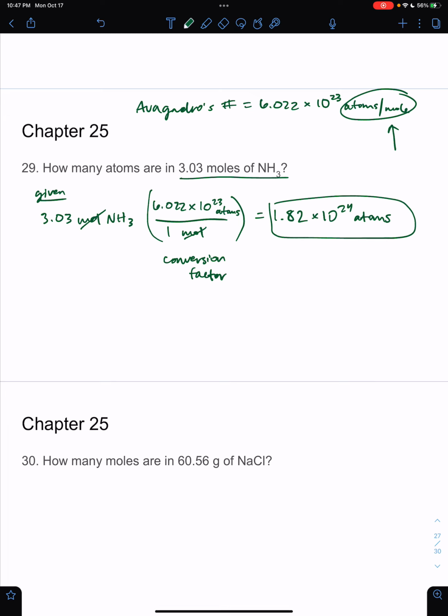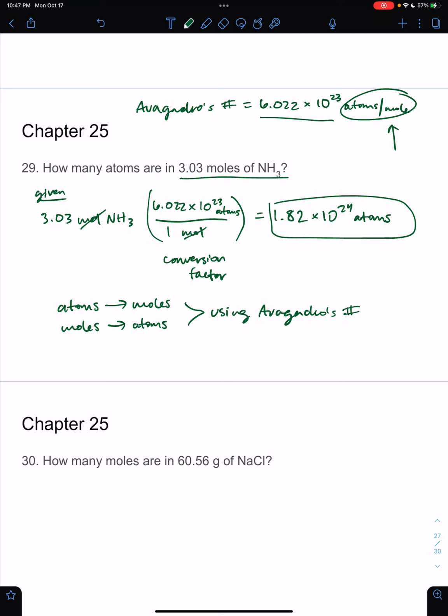So for that one, if you're going from atoms to moles, or moles to atoms, you're going to be using Avogadro's number. I'm not sure if she'll give you this number or not, so I would just memorize it.